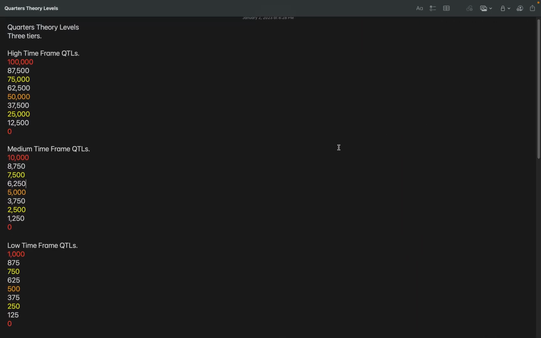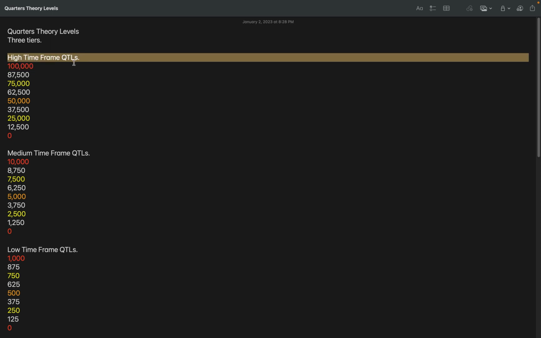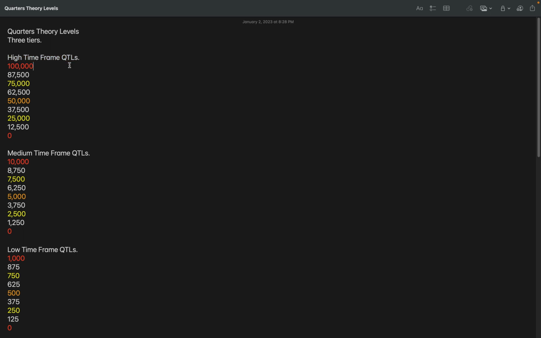Just a quick overview of the quarters theory. We have 100,000 point high time frame quarter theory levels, QTLs for short.